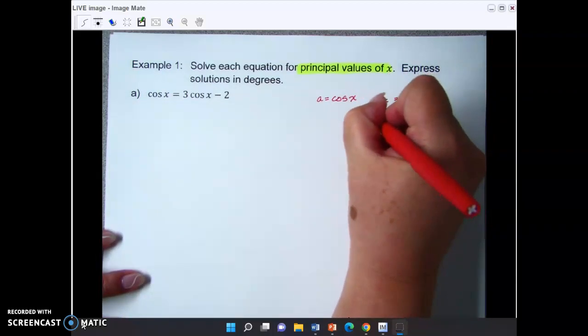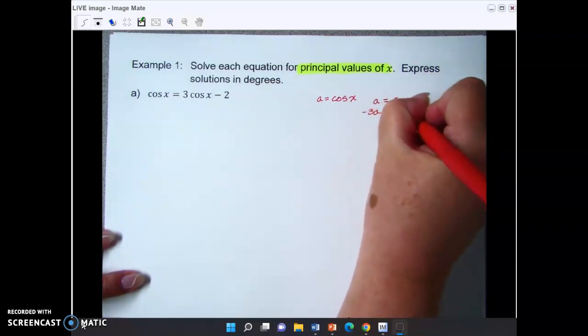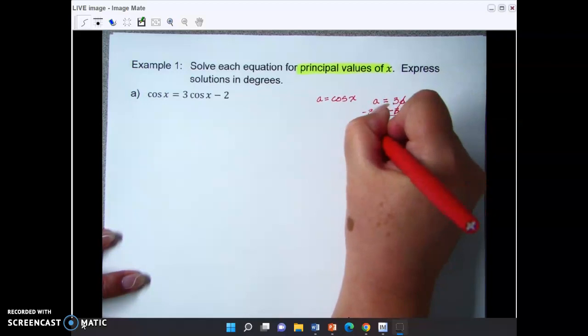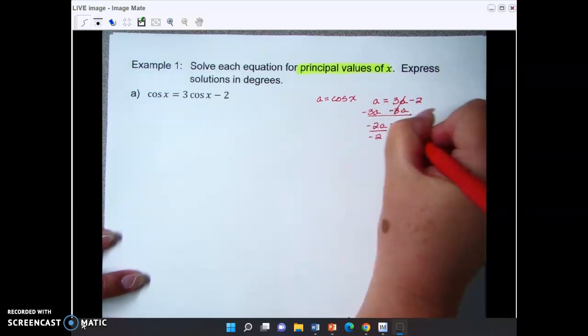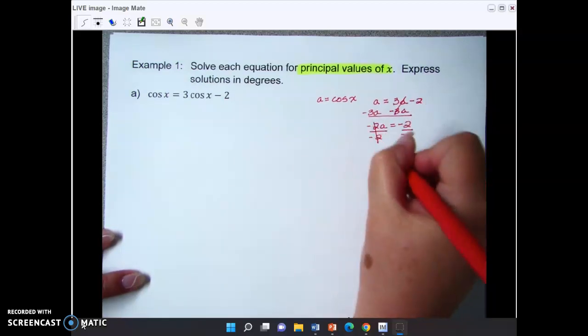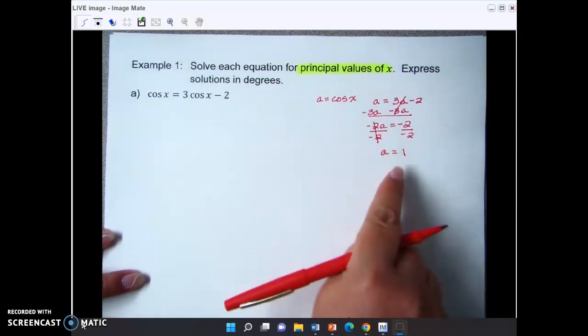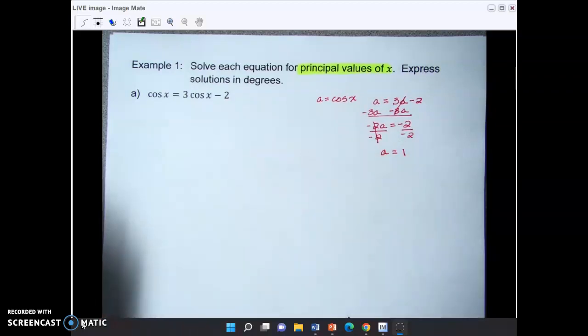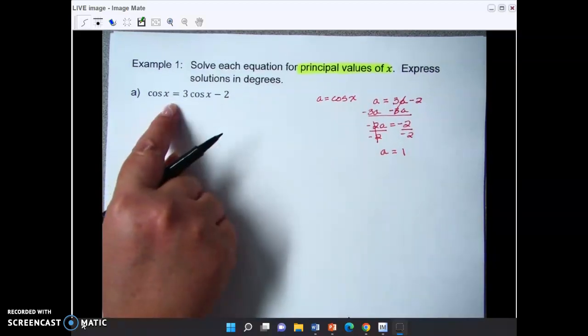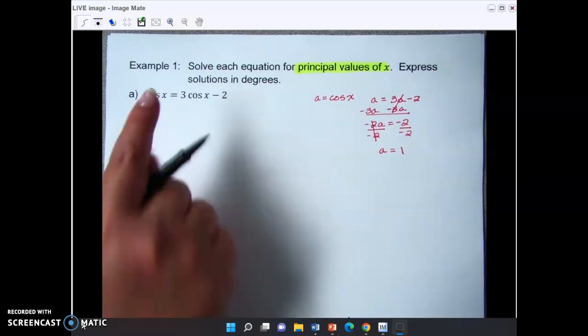So we could subtract 3a from both sides, and we get -2a is equal to -2. And if I divide both sides by -2, that tells me that a is equal to 1. So we would be done here. I'm going to show you we're going to do exactly the same things for this, just using cosine of x as our variable instead of a.